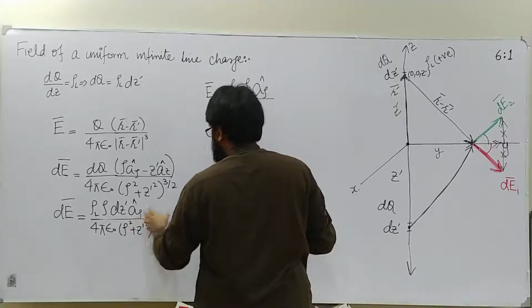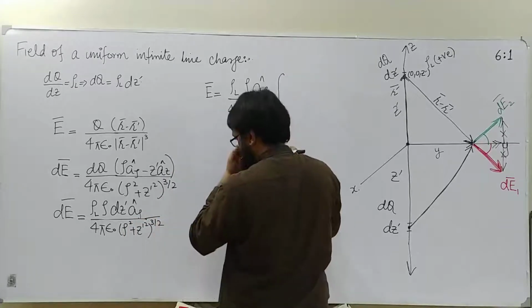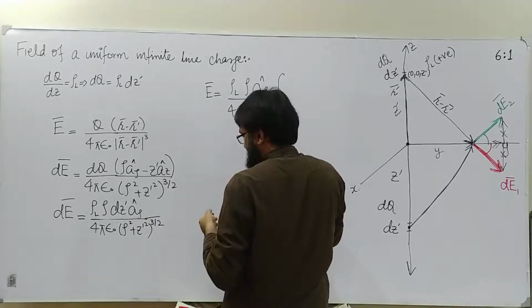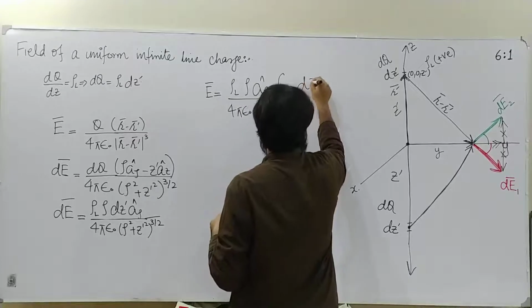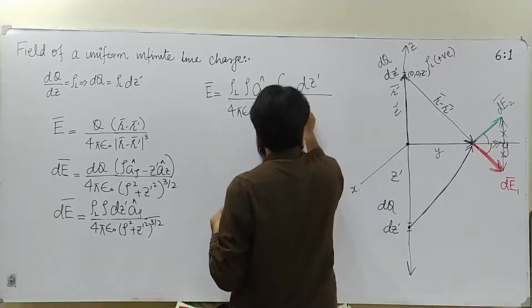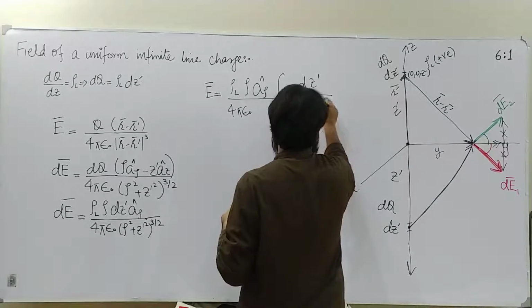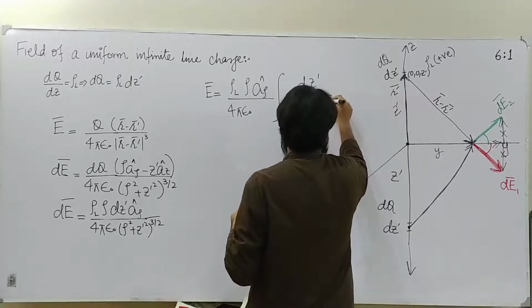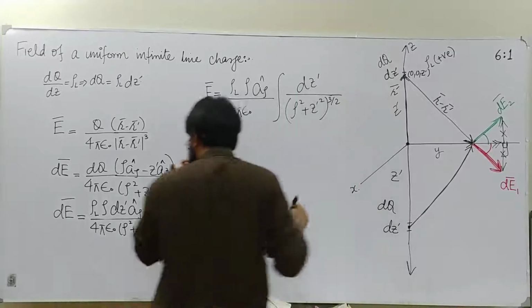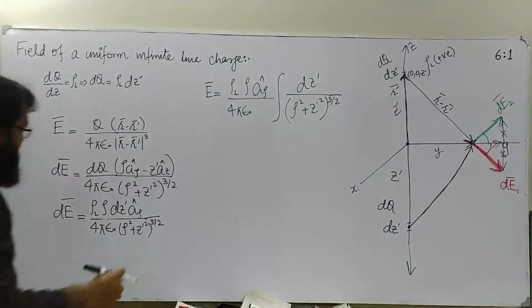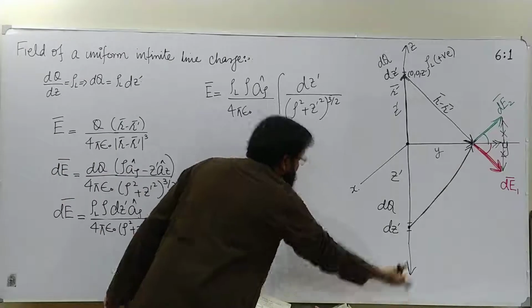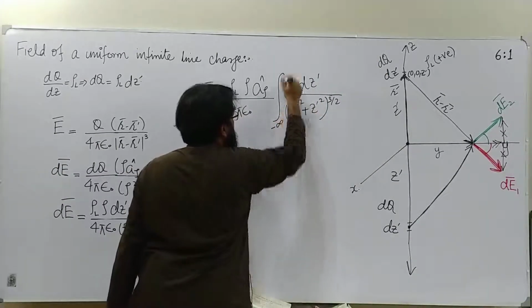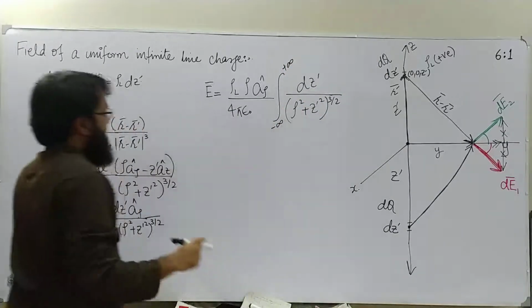All right, and the rest of the expression is going to be integrated, which is dz prime divided by rho square plus z prime square, and the integration as z goes from minus infinity up to infinity. So this is what we are going to get.